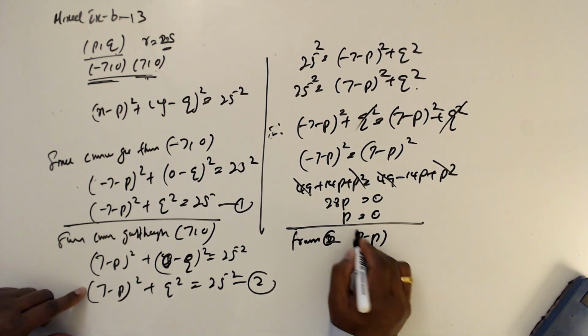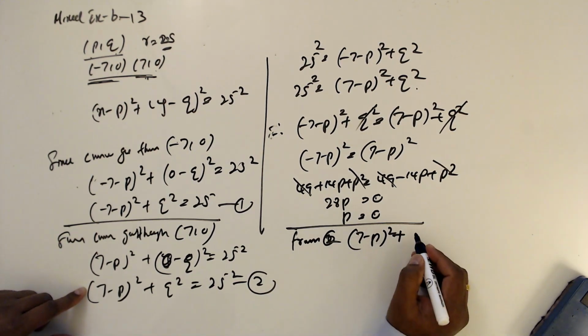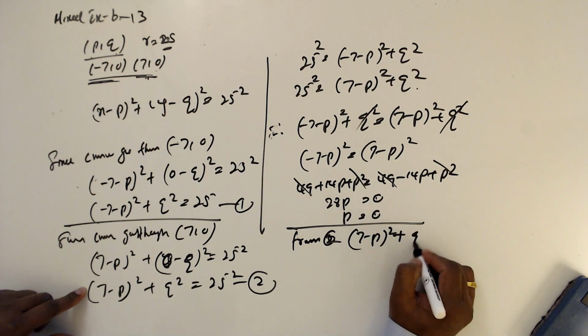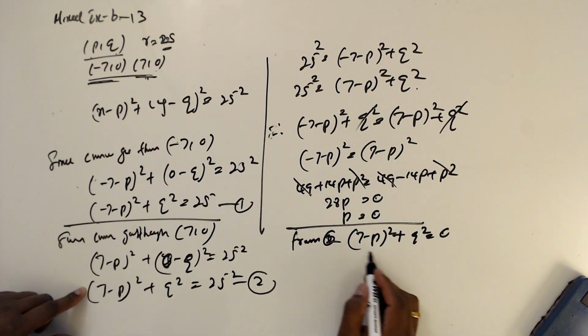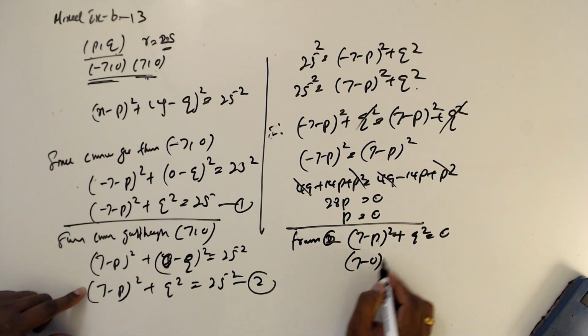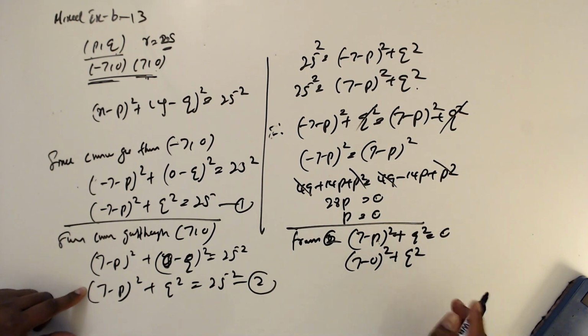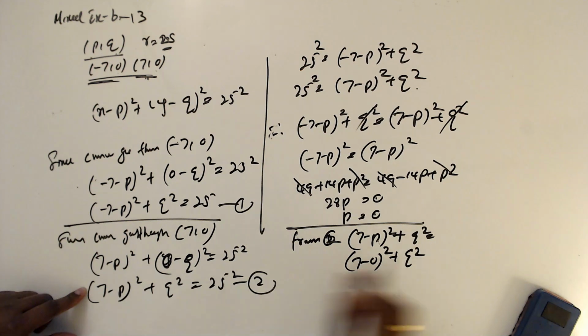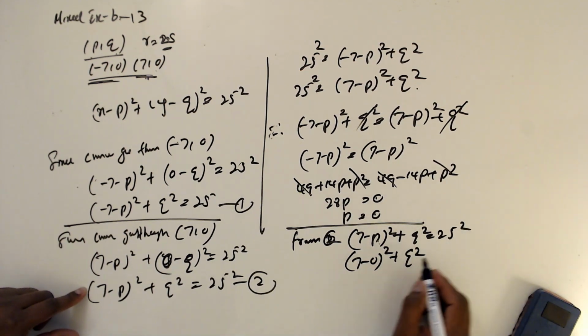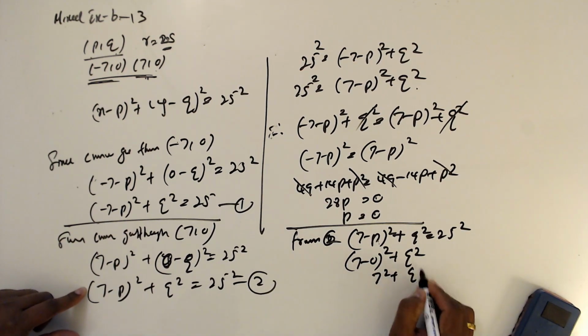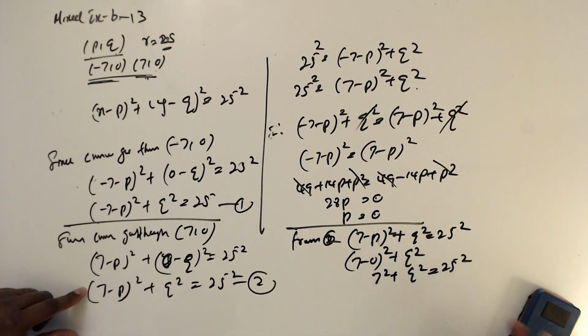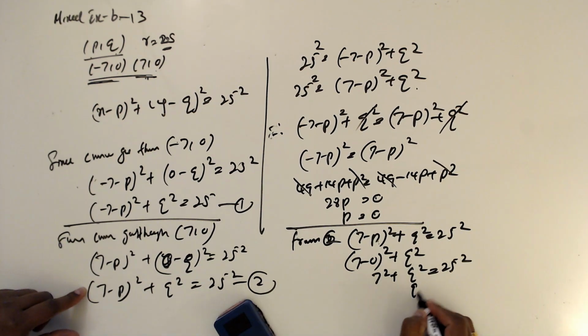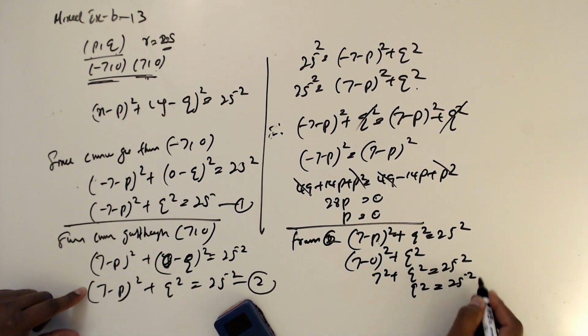Now from equation 1 or 2, (7 minus p) squared plus q squared equals 25 squared. So p equals 0: (7 minus 0) squared plus q squared equals 25 squared. So 7 squared equals 25 squared minus q squared, so q squared equals 25 squared minus 7 squared.